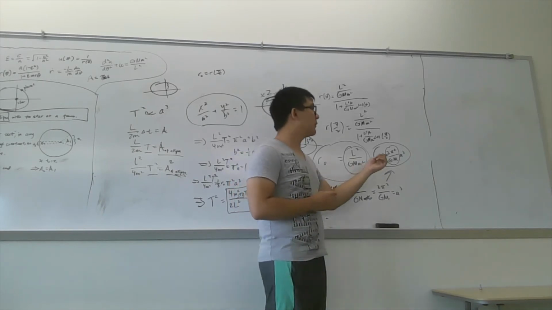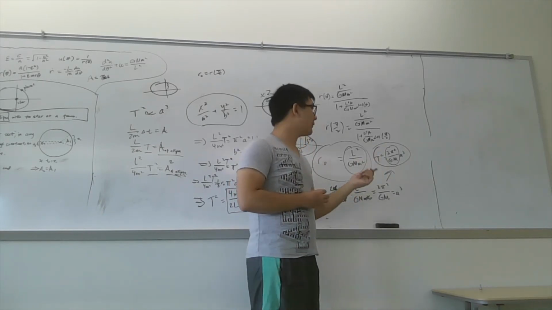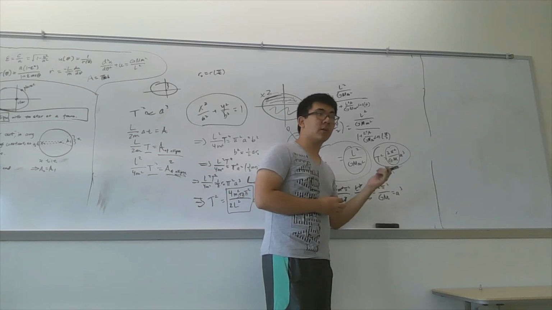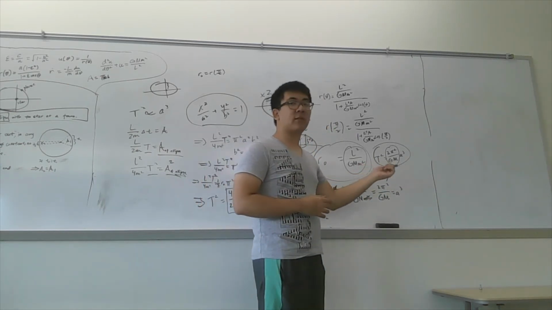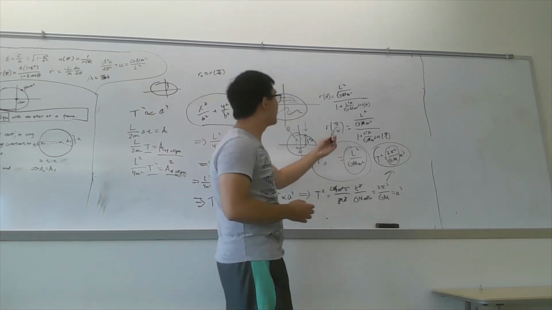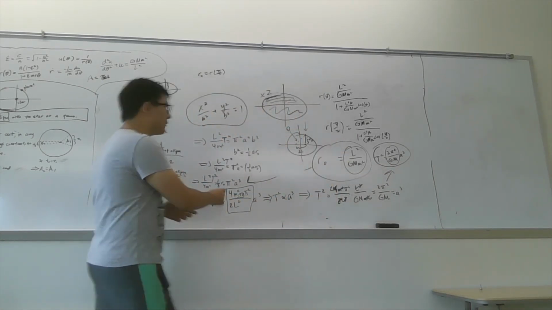Since M is the mass of our star and G is a universal constant, this statement captures that fact. I just wanted to include this because the statement is not quite complete.